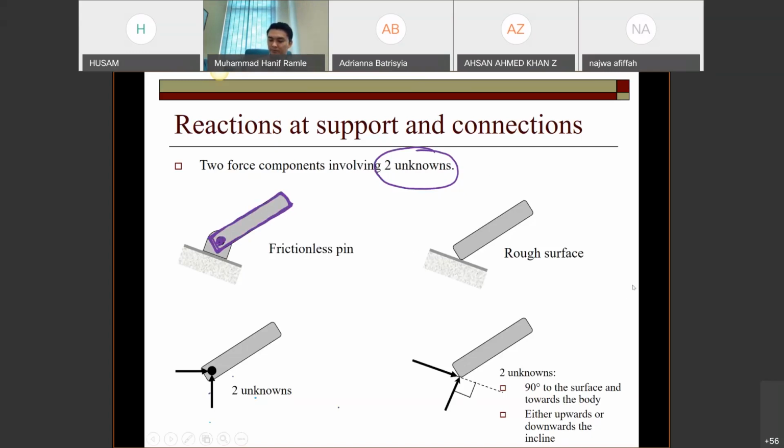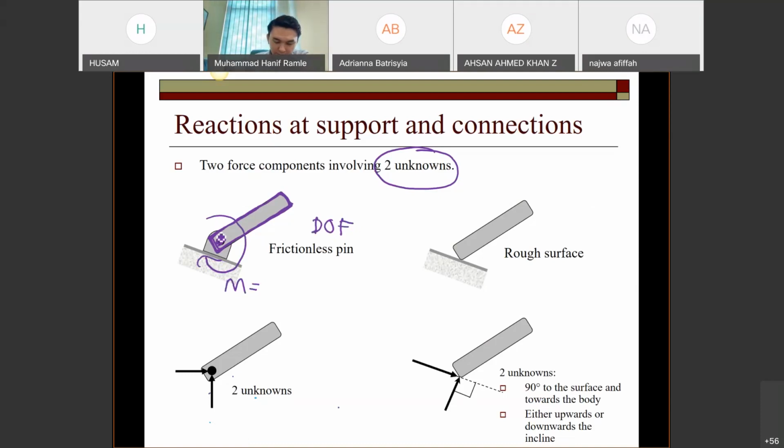Yes, the answer is correct. And the one is which direction? Moment, rotation like moment. Yes, correct. I already showed you just now, in the previous slide. So this is the thing that the system can be moved, moment.